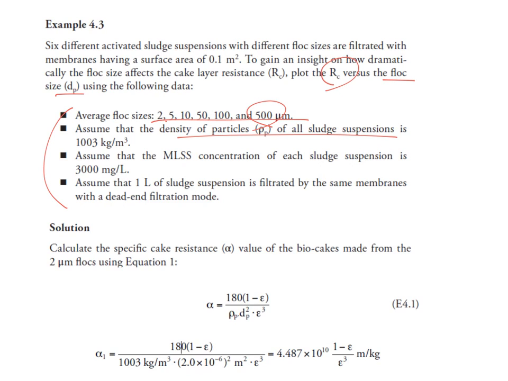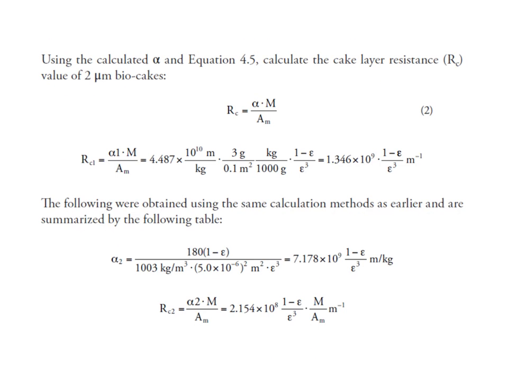Assuming all ideal conditions and using the equation from this Kozeny-Carman equation, we can calculate alpha for each case, and using this alpha value we can compute the cake resistance. And we can repeat this kind of calculation.